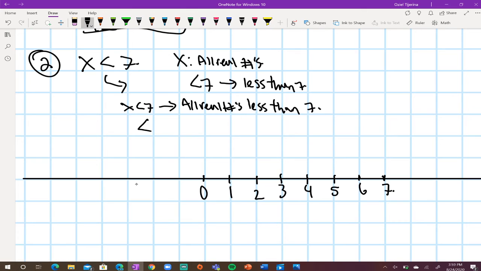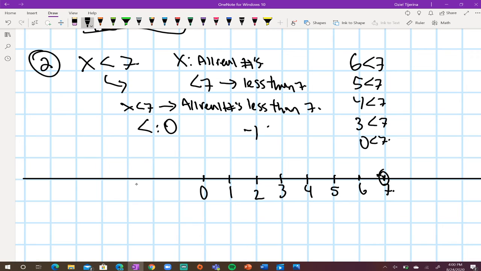Remember our rules, so this is going to be an open circle, and we're going to do all the real numbers that are less than 7, okay? So an open circle, and anything that's less than 7. 6 is less than 7, we can plug numbers in. 5 is less than 7, 4 is less than 7, 3 is less than 7, 0 is less than 7, negative 1 is less than 7, so that means it's going to go on to negative infinity, and that's going to be less than 7.